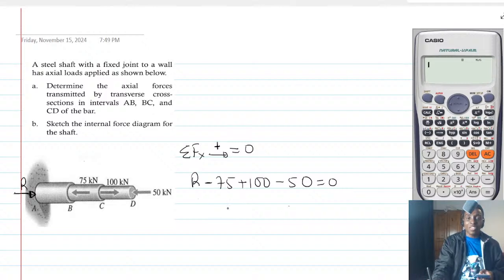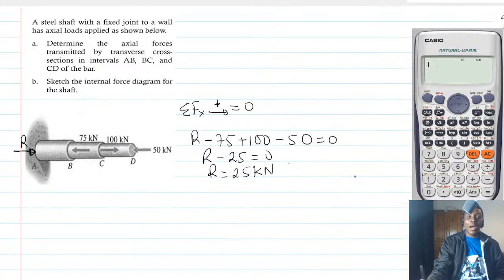So minus 75 plus 100 minus 50 will give us 25. So R will be 25 kilonewton. So that is R for you. So now we can go back and replace the force here by 25 kilonewton. That's all. So that is all for this one.